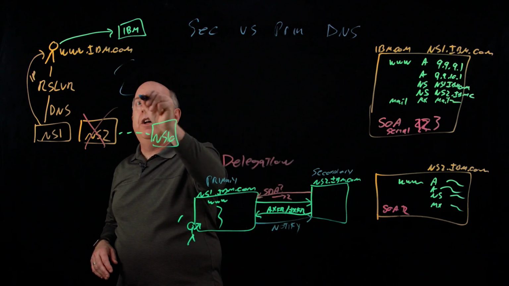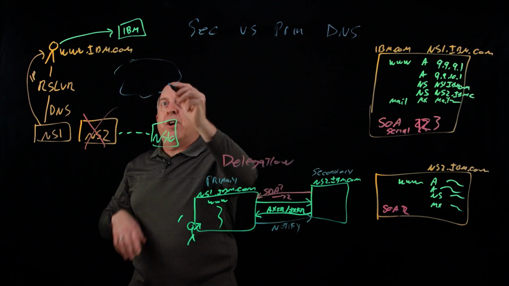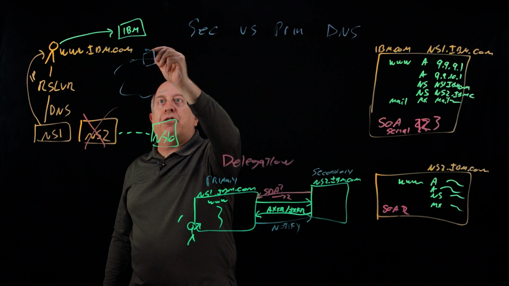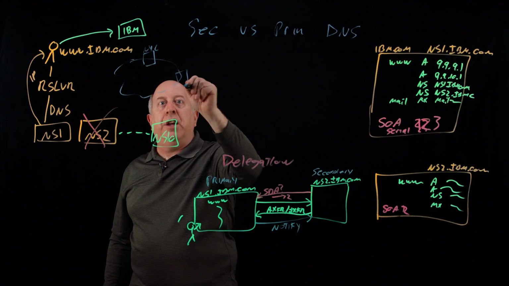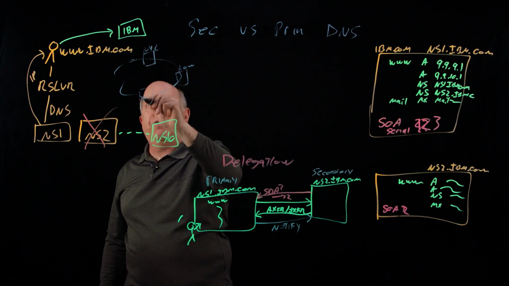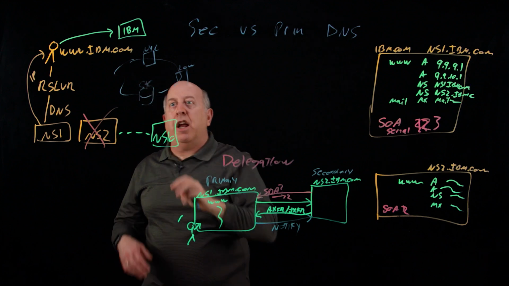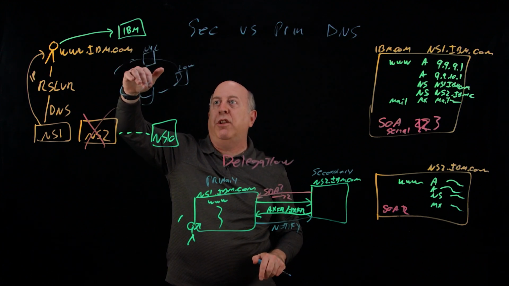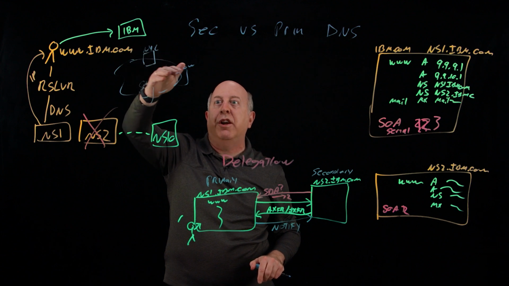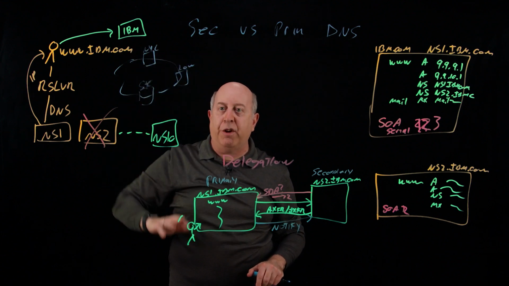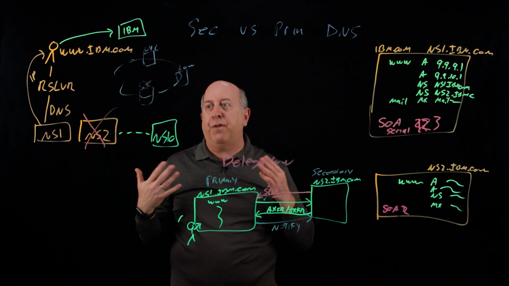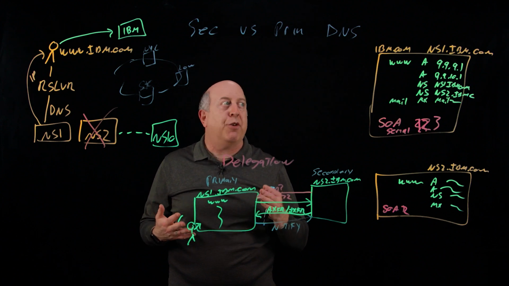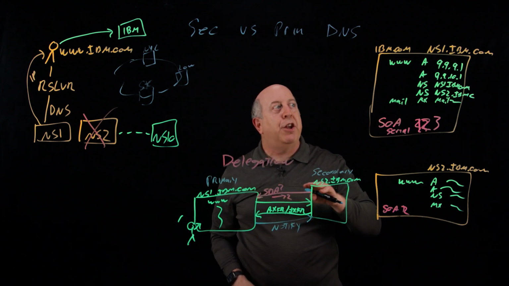So if I've got the internet out here and I've got my application servers in, say, New York City, in London, in San Francisco, and I want to direct my users to the location closest to them. So my users on the East Coast of the US go to New York, users in Europe go to London, and so on and so forth. I need to use this feature called global server load balancing or traffic steering, which we have another video on.